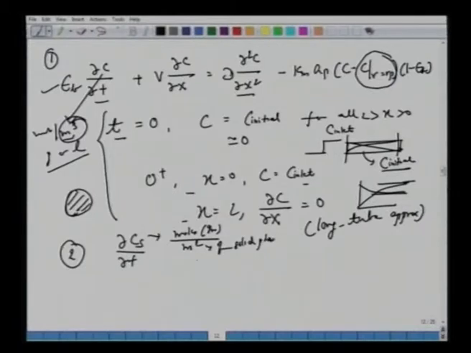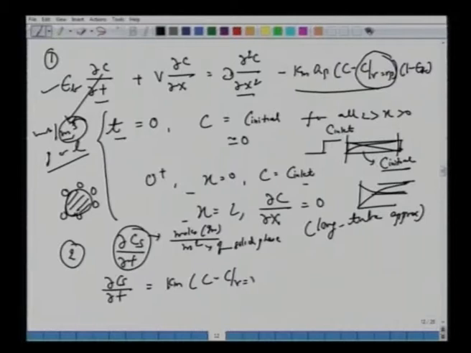So now we are making a balance on this solid phase, because certain species are getting adsorbed. Whatever flux gets into this is the same as del Cs by del t, which is km (C minus C at r equal to Rp).